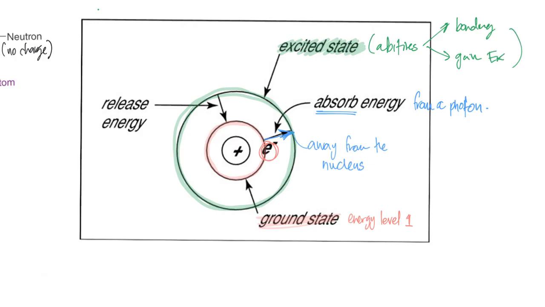So it's an excited state. If an electron was sitting on this excited state and it moves down to the ground state, then it's going to release energy in the form of a photon. That is the idea that we are working with in this little section.